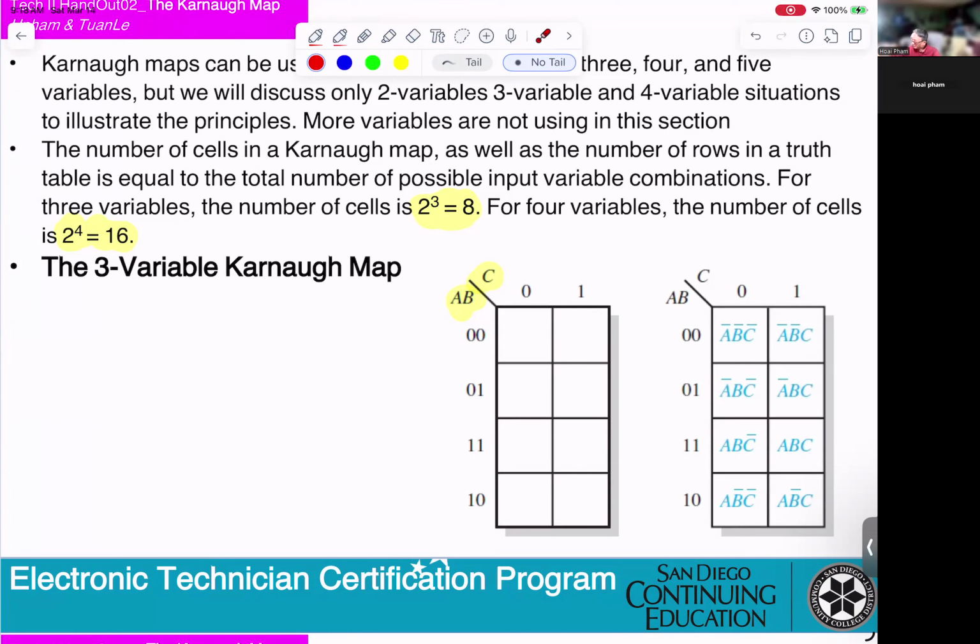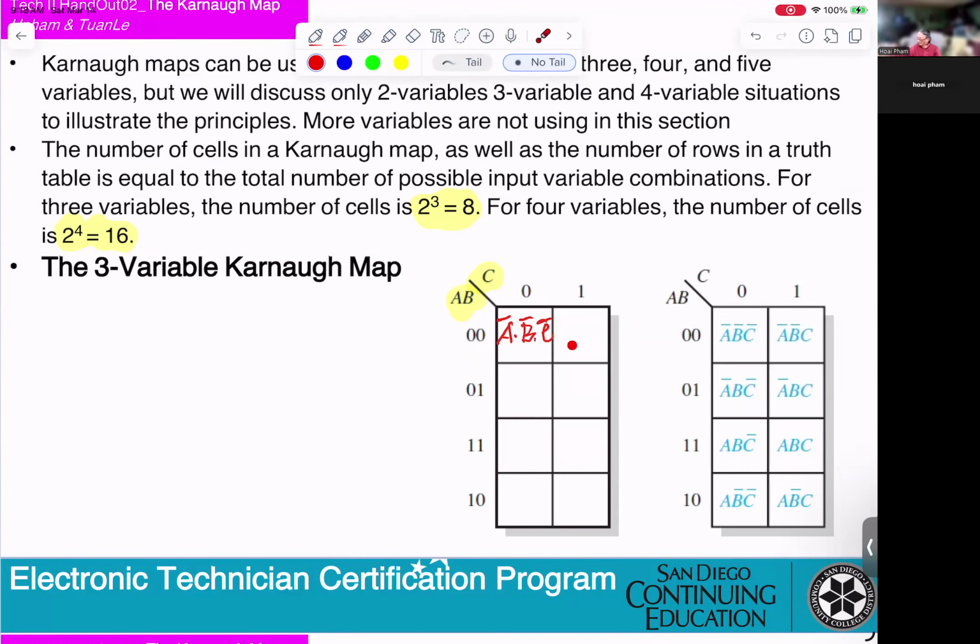So the product will be not A, not B, not C. How about this cell?